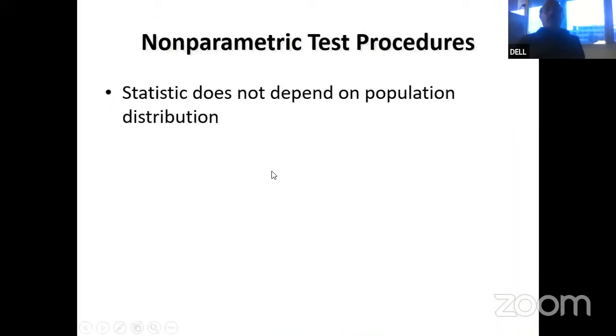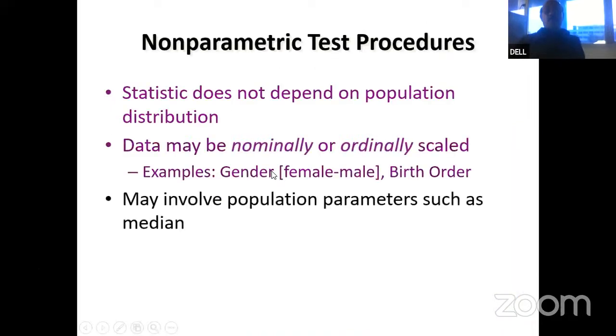So, non-parametric procedures: the statistics do not depend on any population distribution, which may be normally distributed or ordinally scaled. They may involve a population parameter such as the median. Here we only consider the median. Median means the central value of that particular entire data. The entire data is observed through the median only. No other characteristic can be observed.